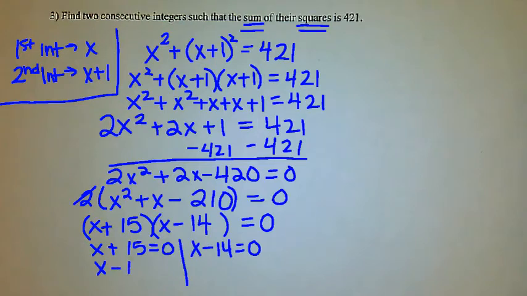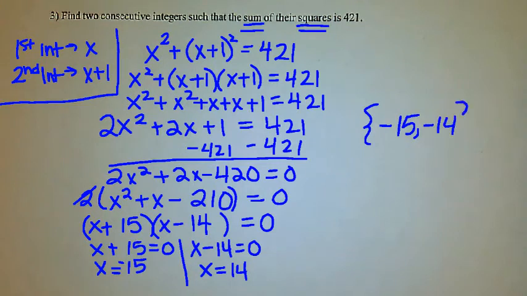Okay, so x equals negative 15 or a positive 14. So we just write our final solutions. One will be negative 15 and negative 14, and positive 14 and positive 15.